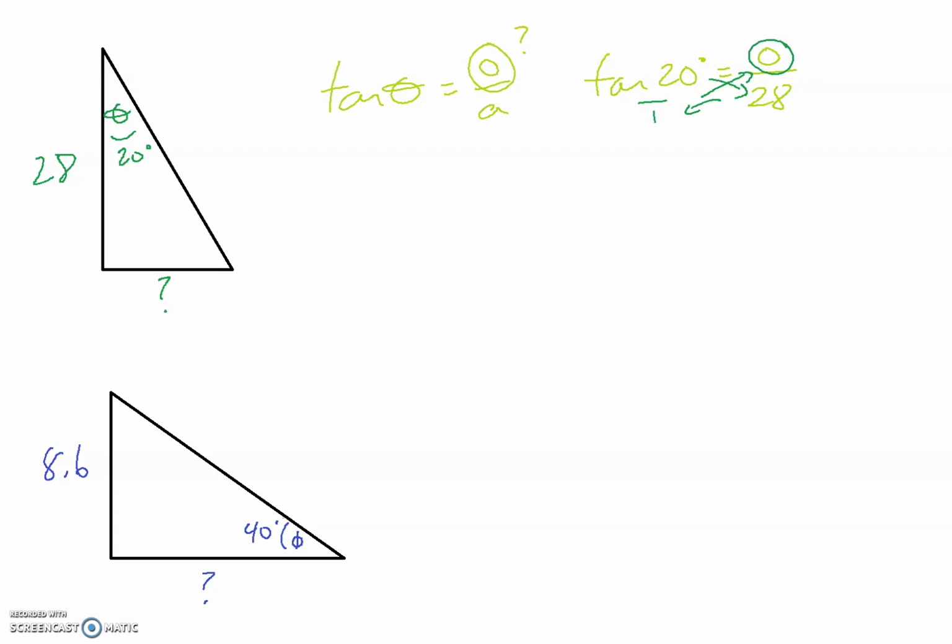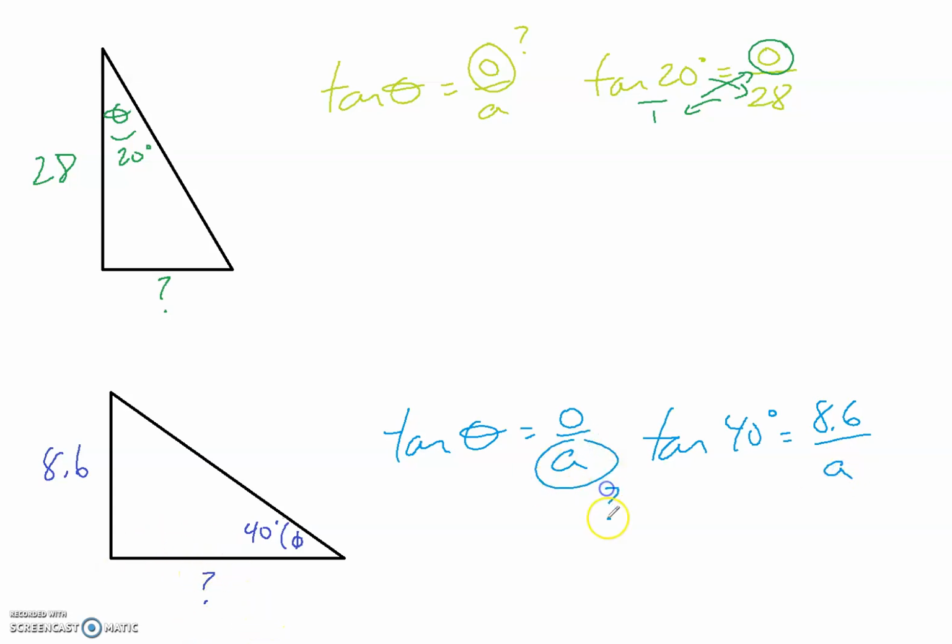Okay, for this one over here, tan theta is going to be opposite over adjacent. So I know tan of 40 degrees is equal to, let's see, my opposite is what I have this time. So my opposite is 8.6, and I'm looking for this, which would be my adjacent.